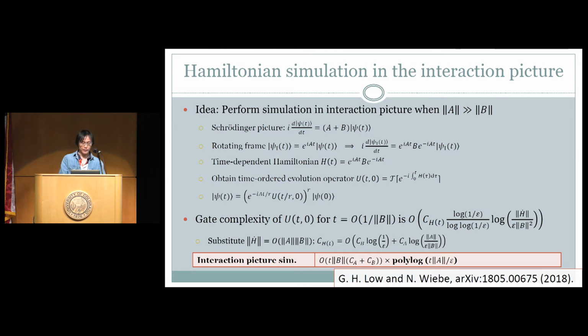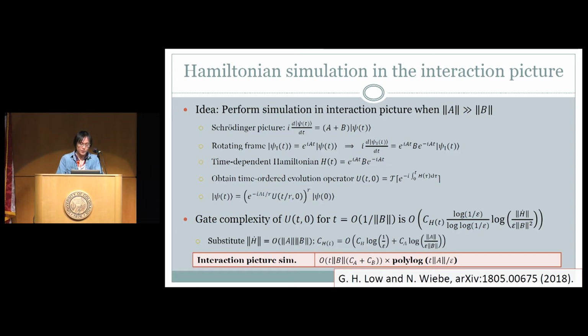Now, because of block encoding this time-dependent Hamiltonian, you can see that there's a B term, and we sandwich it between these two time evolution terms. So essentially, the cost is going to be the sum of these two, with some log factors due to, say, discretizing a time register into multiple parts.